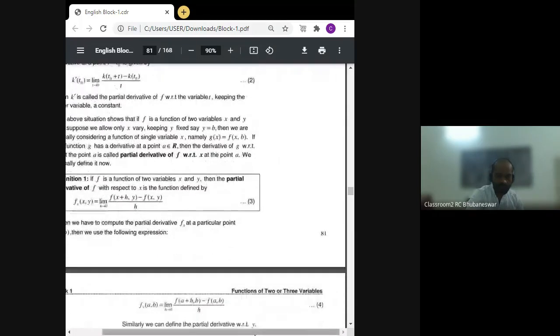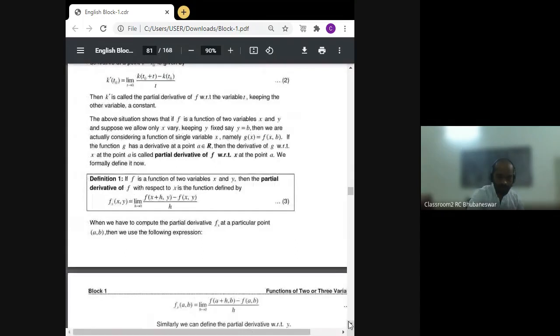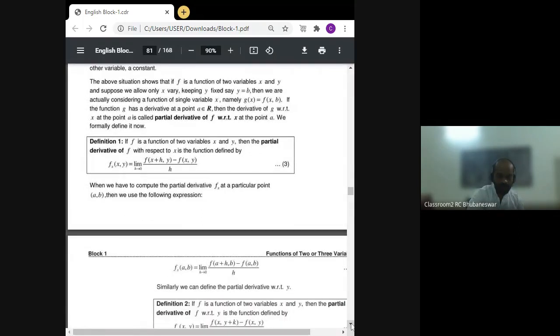So on page number 81, look at the definition here. The definition is for the partial derivative of the function of two variables x and y with respect to the variable x. That is represented as f subscript x, meaning the partial derivative with respect to x.